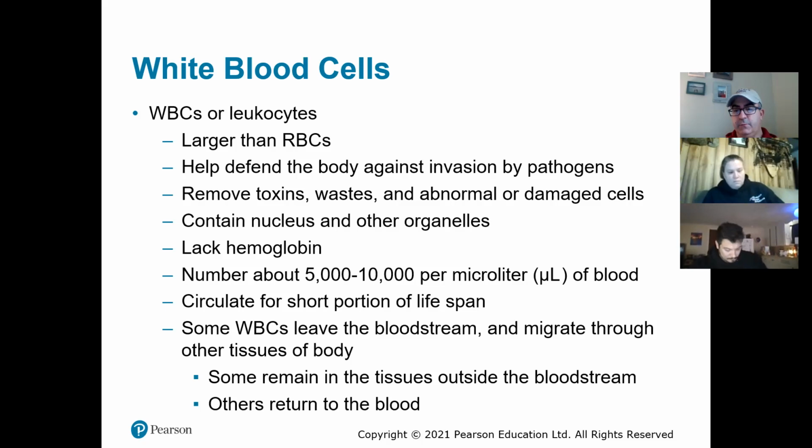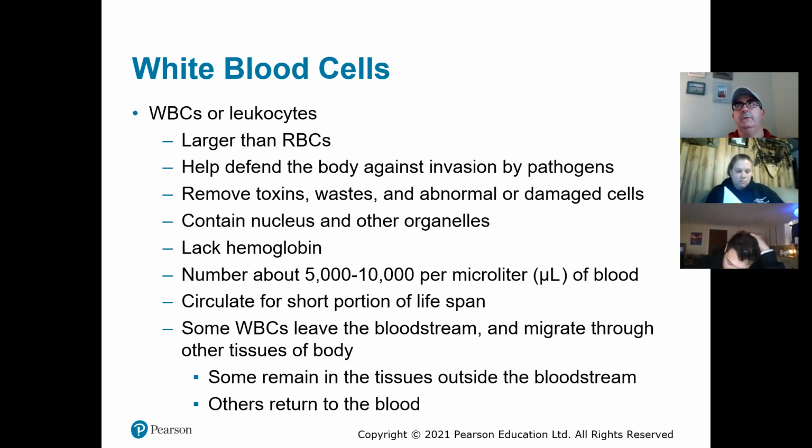The formed elements include red blood cells, white blood cells, and platelets. And so we talked a lot about the red blood cells and blood typing. White blood cells are formed elements. There are less of them than red blood cells, but they are larger. If you take any sample of blood from a person and you stain it and look at it under a microscope, you will see only a few white blood cells, mostly red. They help defend the body against invasion.